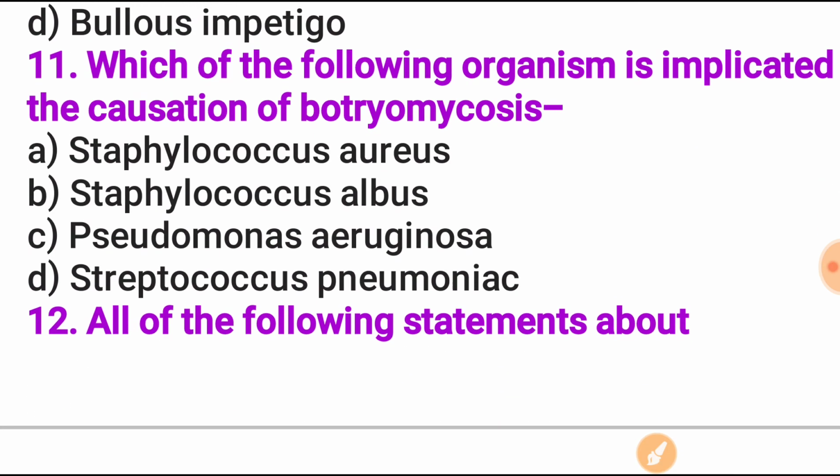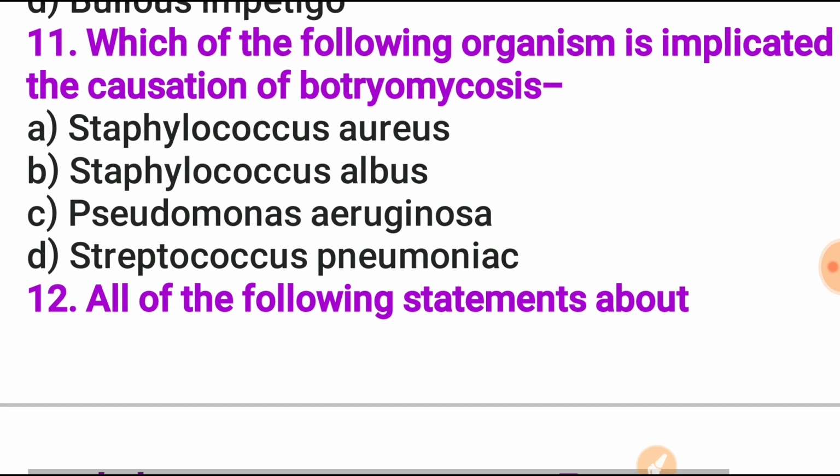Next is, which of the following organisms is implicated in the causation of botryomycosis? The options are Staphylococcus aureus, Staphylococcus albus, Pseudomonas aeruginosa, and Streptococcus pneumoniae. Choose the right answer.